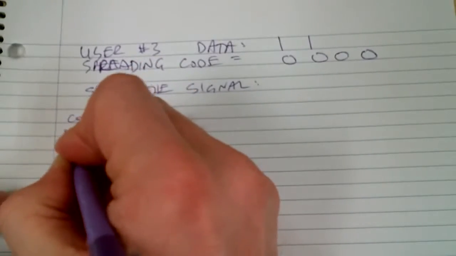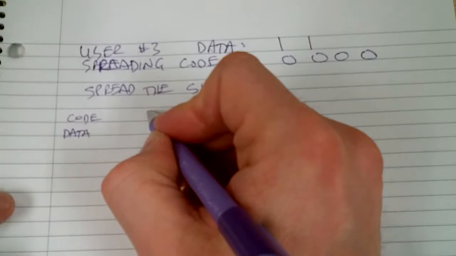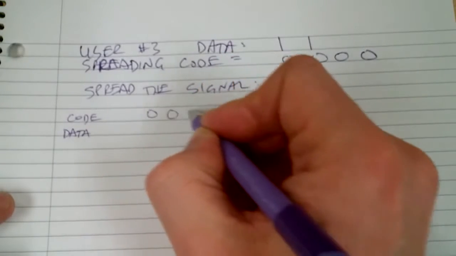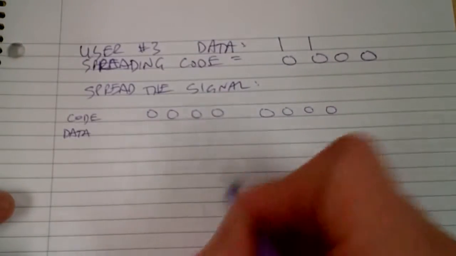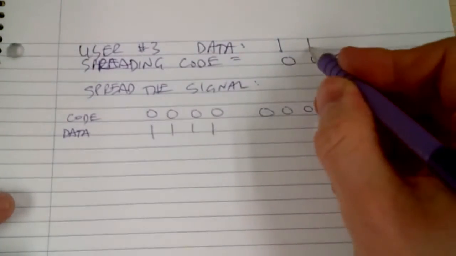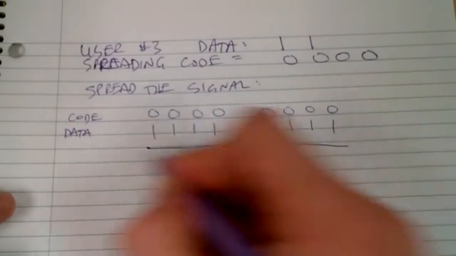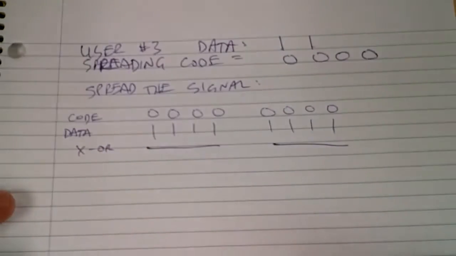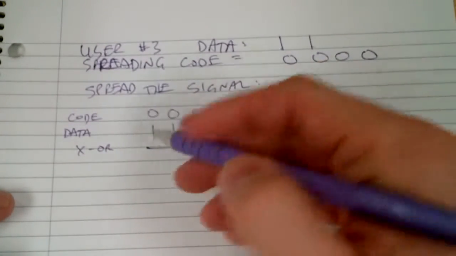The code and the data, just like before. So the code here is we go. The data is, the first bit goes here, the second bit goes here, XOR, and we know that if it's different, it's 1. If it's the same, it's 0 in all of these cases.